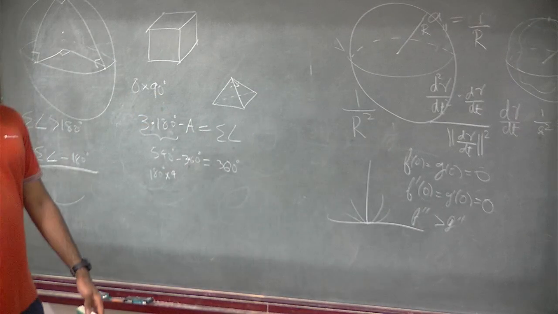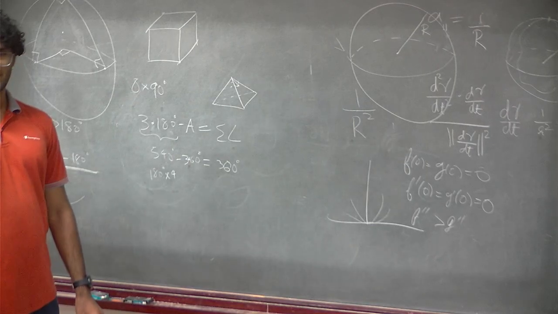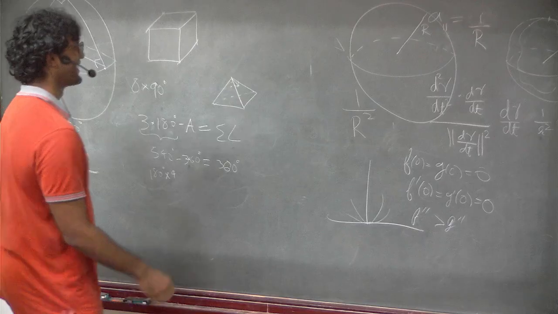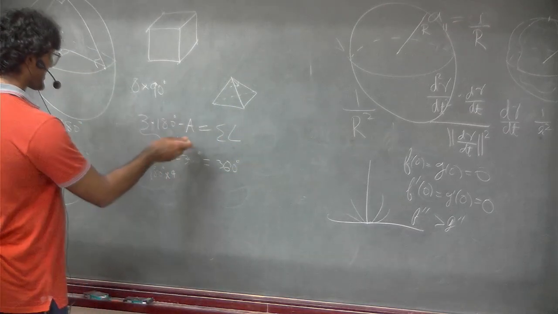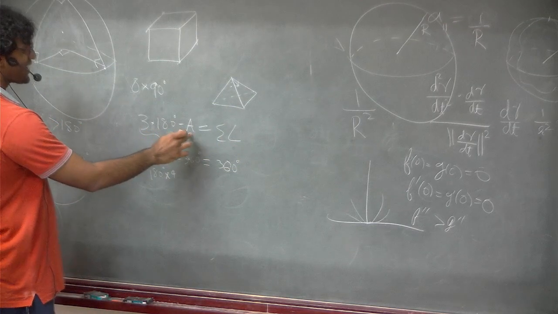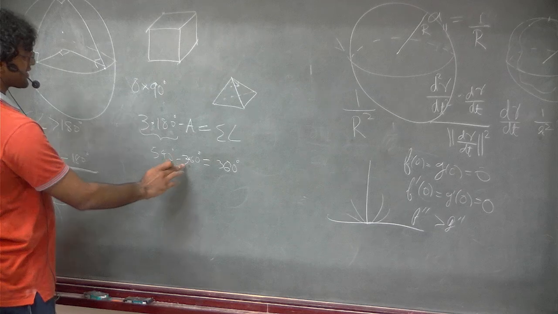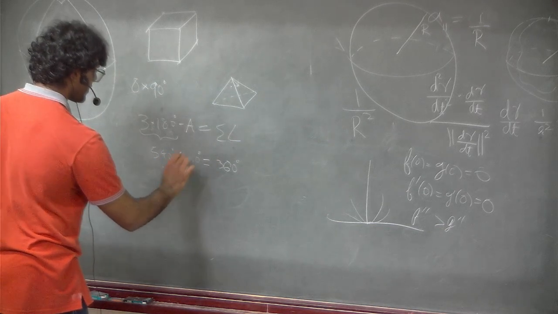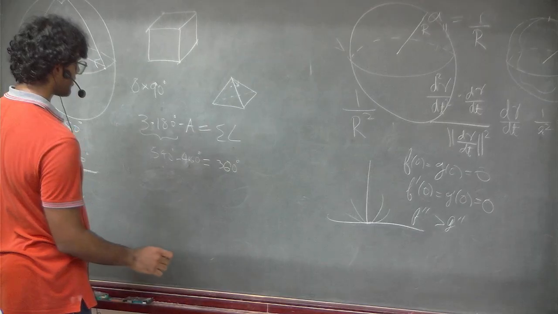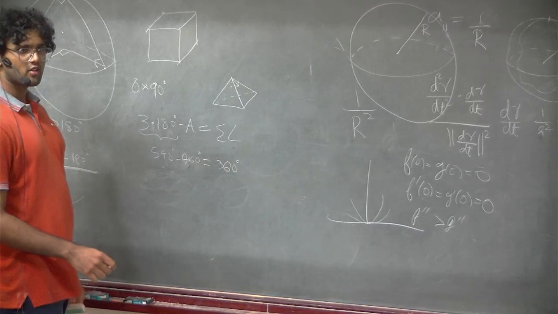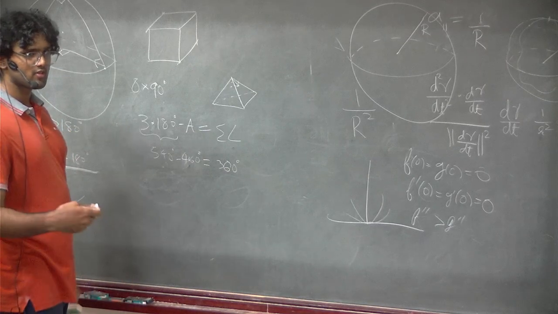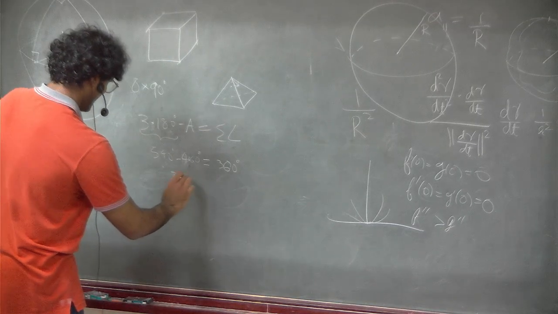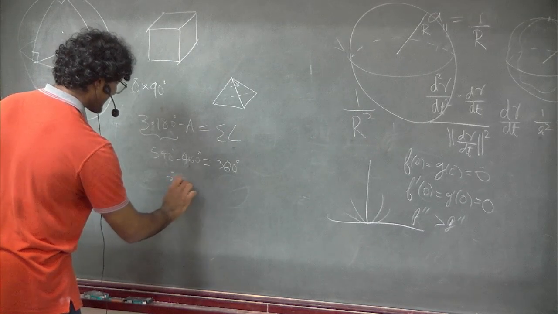Would you like to try this out on an octahedron? Anyone? Or are we good? Okay. I mean, simple calculation. So it'll be 3 times 180 minus the sum of the angles, which will now be 4 times 60 degrees, right? So 540 minus 240, 300. Yeah, 300 degrees.